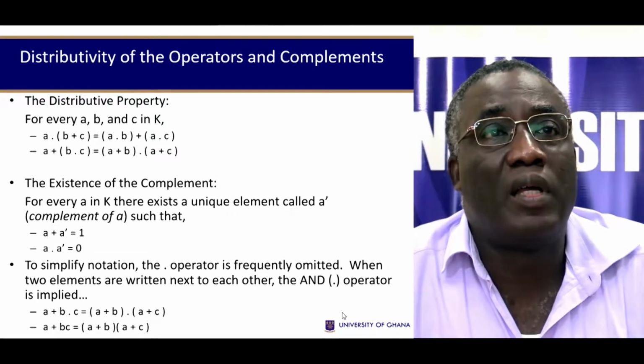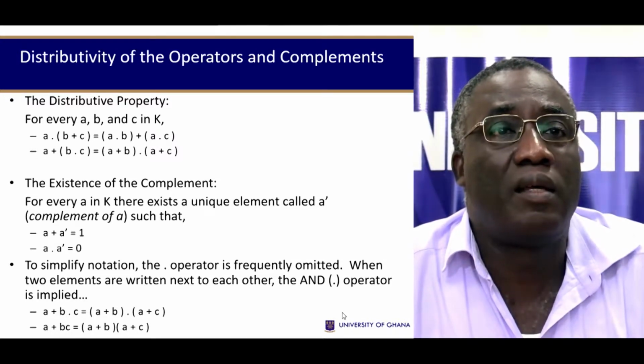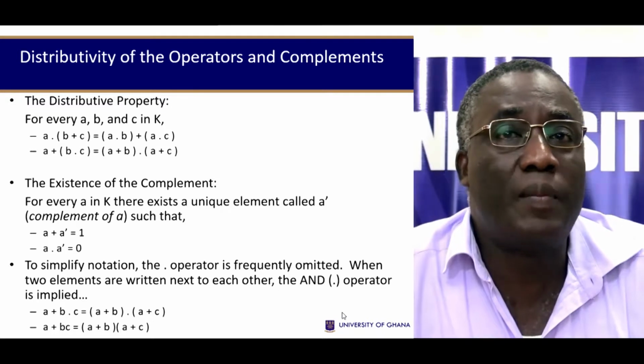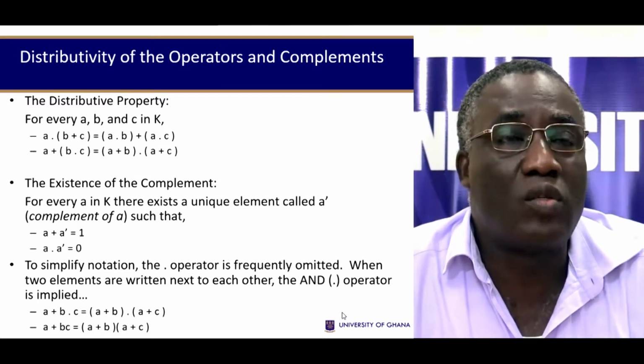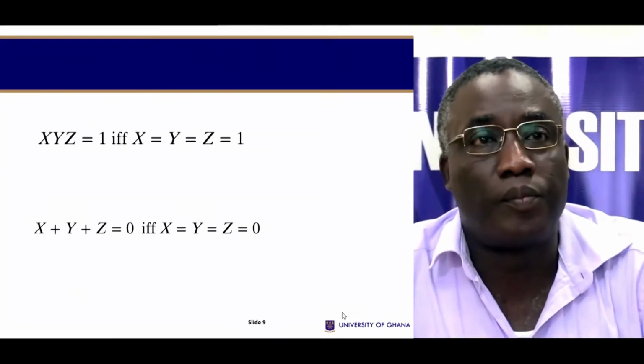So if you have A and not A, you may simply write this as A not A. You omit the dot there, just to simplify the notation. So you know that when you see two elements written next to each other, you must assume that an AND operator is implied.